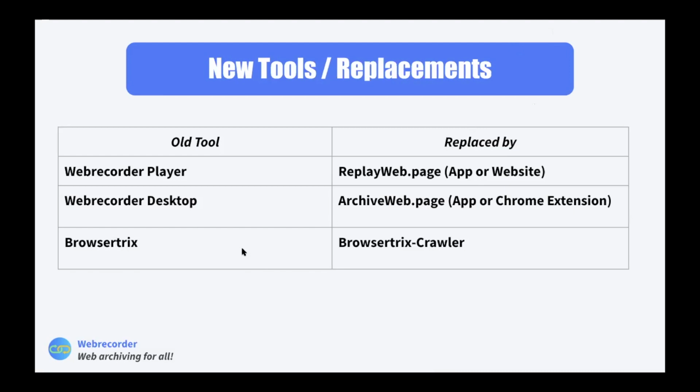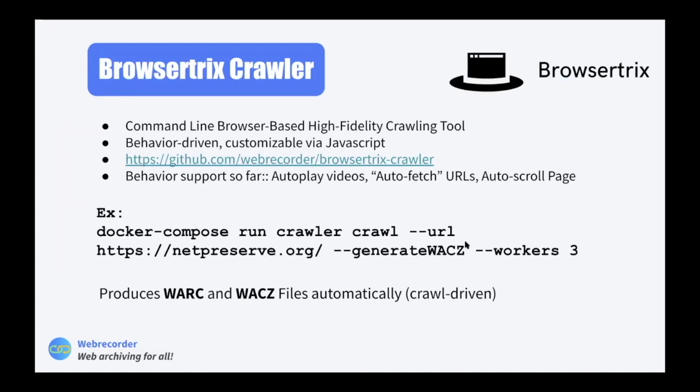Finally, Browsertrix, which has been our automated crawling system. Initially it was called just Browsertrix, and it was an all-in-one system. Now we've refactored that into Browsertrix-Crawler, which is a much slimmer, simpler, crawl-only component.